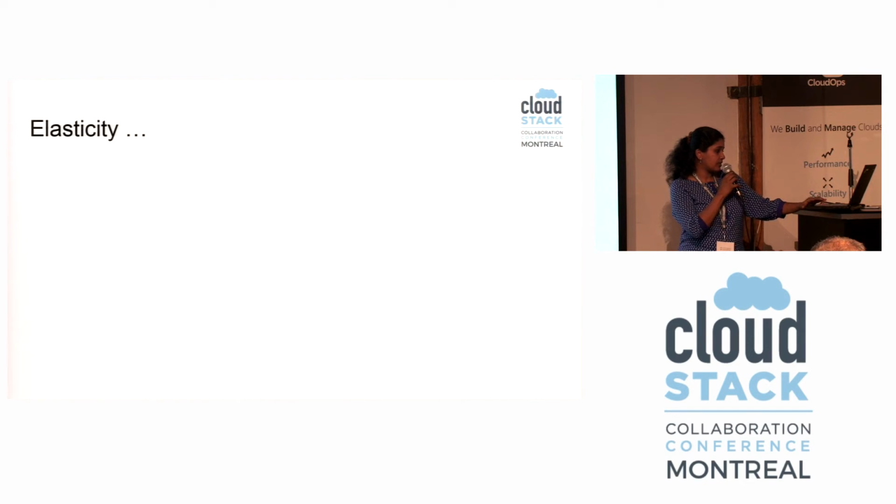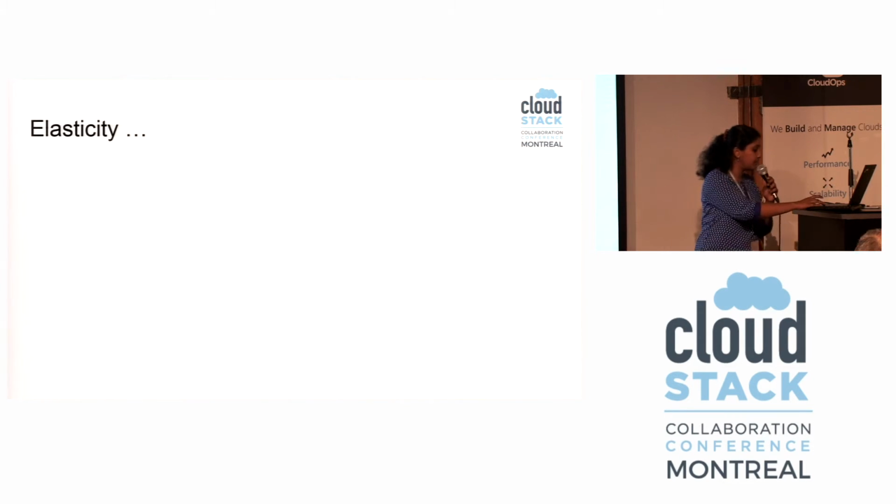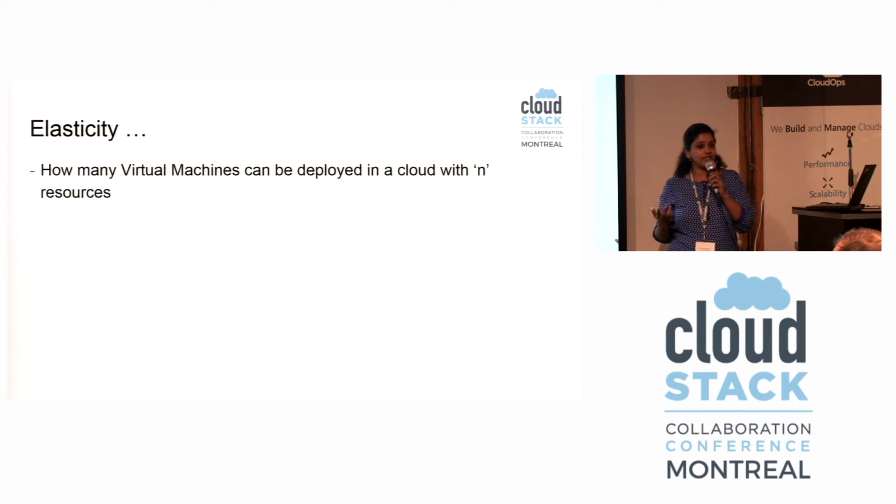So what does elasticity mean, really? Elasticity means different things to different people, depending on the kind of cloud that is being operated. For example, how many virtual machines can be deployed in a cloud with n resources?